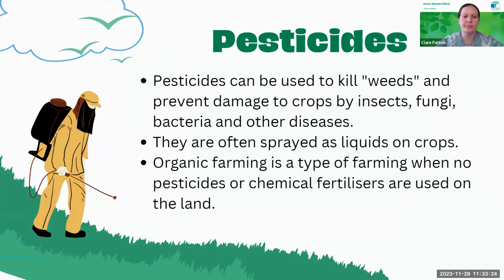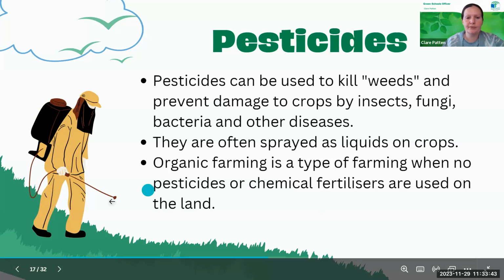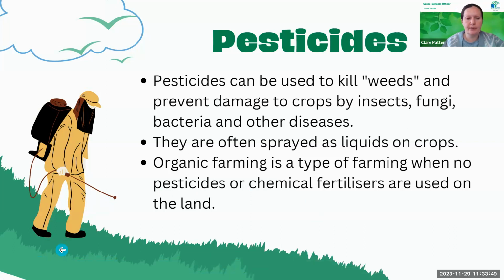Those are the two most common things that pesticides are trying to do, to prevent damage by insects and disease. Farmers that don't use pesticides or fertilizers are called organic farmers, and they avoid using those, and they have to use other methods of trying to keep the disease and insects and weeds away.